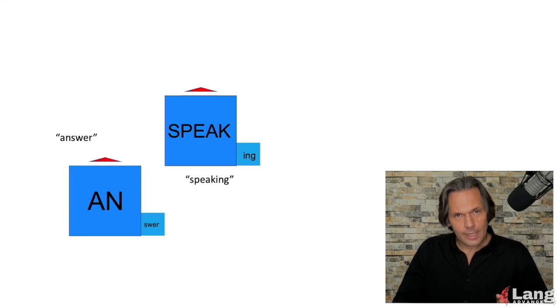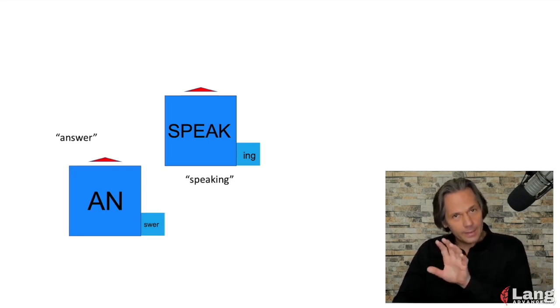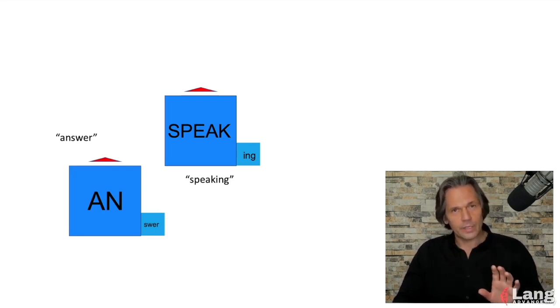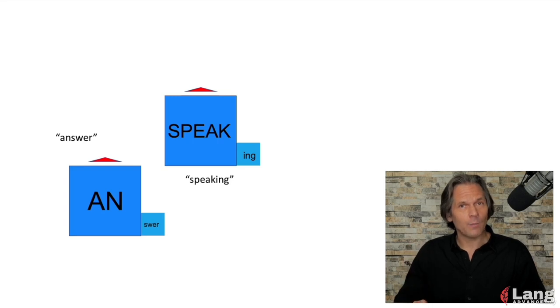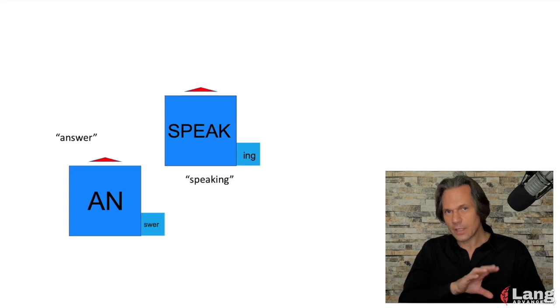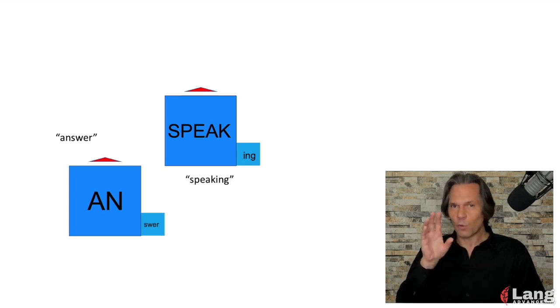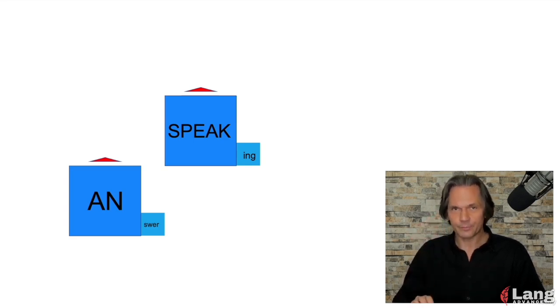And let's think of replacing the sound speak with the sound answer. Now we know in a moment we're going to be saying a word like speaking, but we're going to replace the sound speak with a single thought, but it will be answer. So let's say each of these words, starting with the second one.